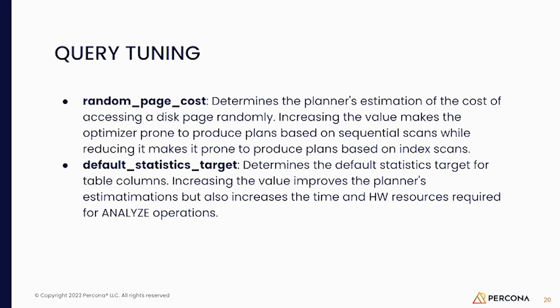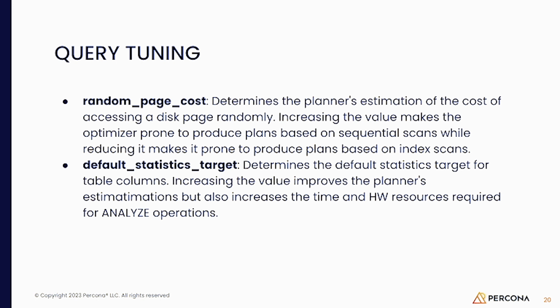Then we have a section related to query tuning. In that section, the parameters we see most frequently are the random page cost. The random page cost is related to the disk performance. Depending on whether the servers we are running on are spin disks or SSD disks, is the number we need to set here.